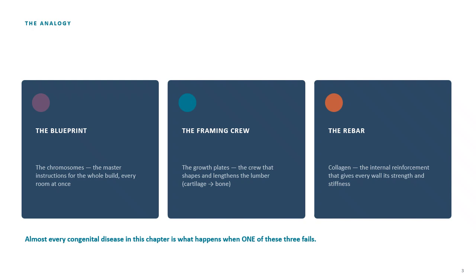So as you're going through this chapter, I do want you to keep that analogy in mind, because we're going to use it repeatedly. We're going to be using the blueprint, the framing crew, and also the rebar analogy.